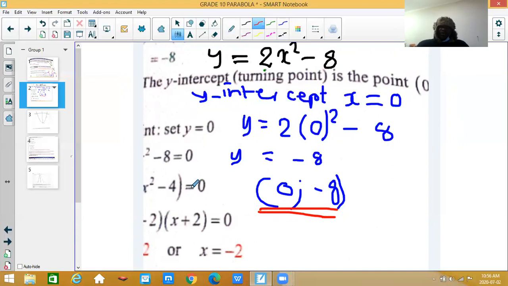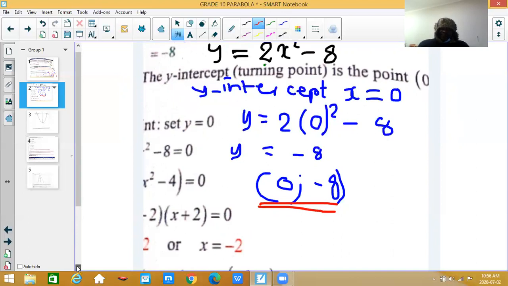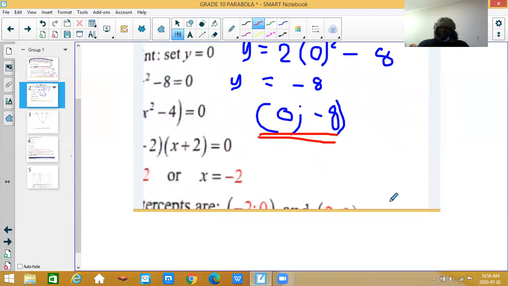Right, now let us find the x-axis intercept. On the x-axis intercept, what is it that we need to do?